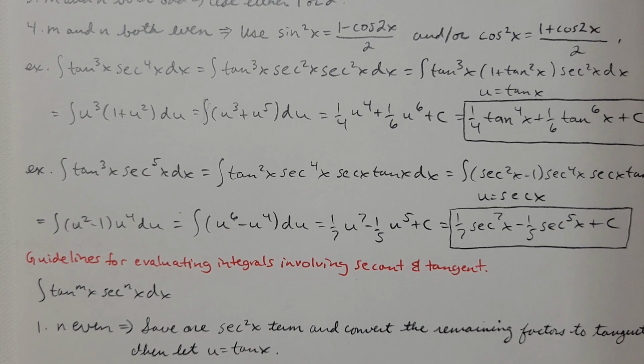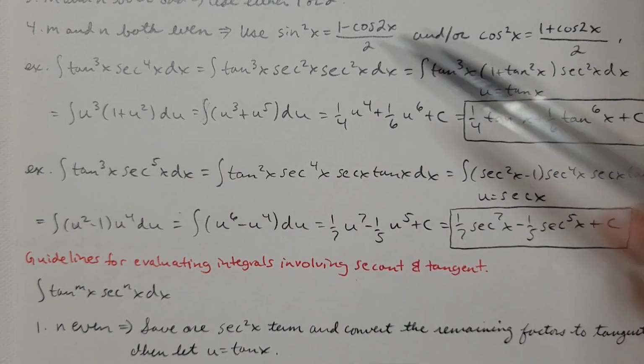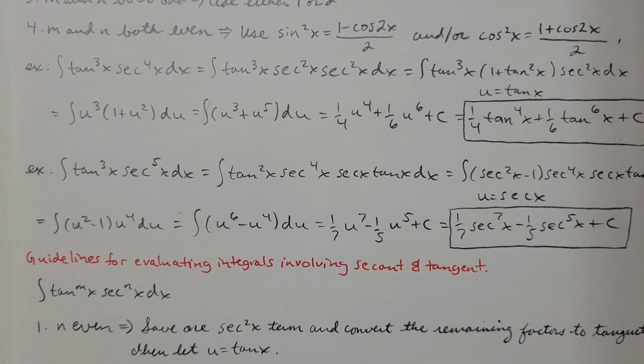Okay? So in this example, where I want to integrate tangent cubed x secant to the fourth x, I'm looking for a u substitution here. And secant to the fourth x is the same as secant squared x times secant squared x.